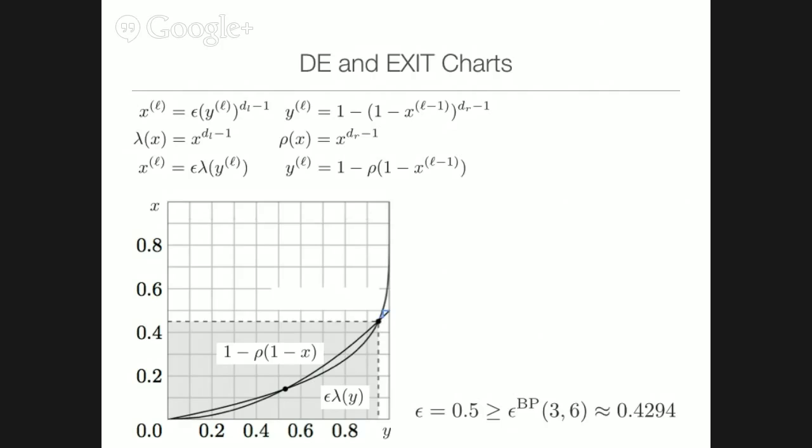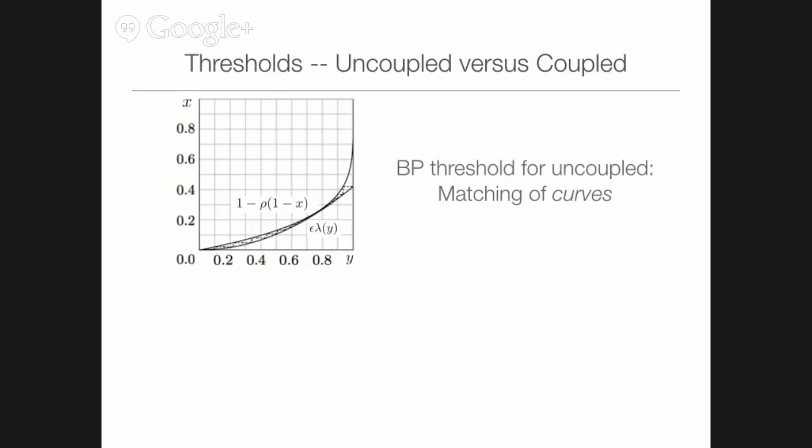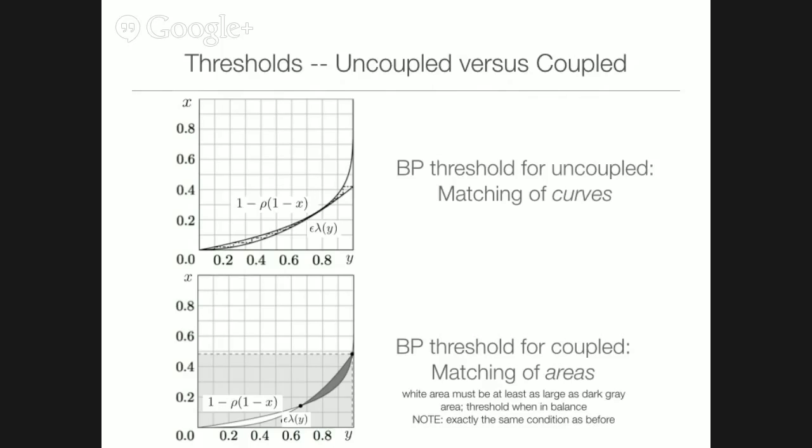But if you look at the area threshold, the DE threshold is the matching of the two curves, and the area threshold is that the two curves can overlap, but they cannot overlap too much. The worst they can overlap is that these two areas balance. So this area has to always be bigger than or equal to this area. That's true for any one-dimensional system, it has nothing to do with coding.